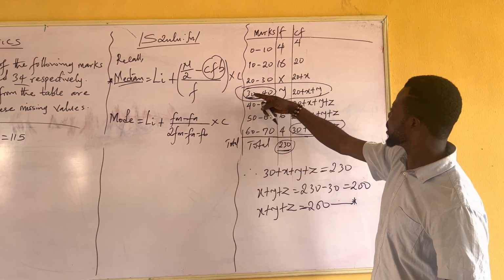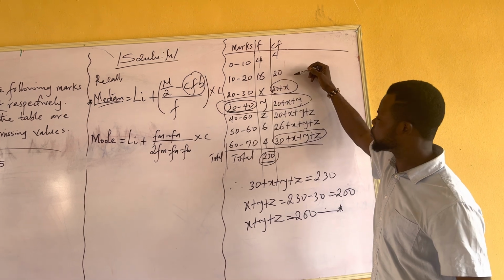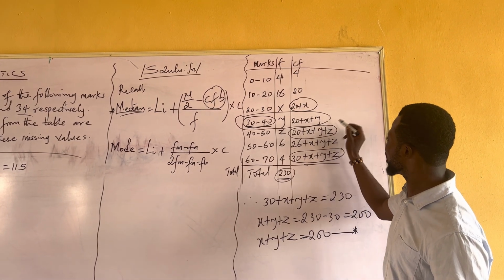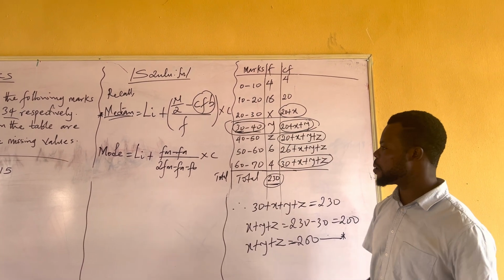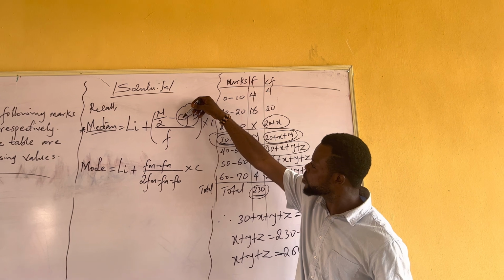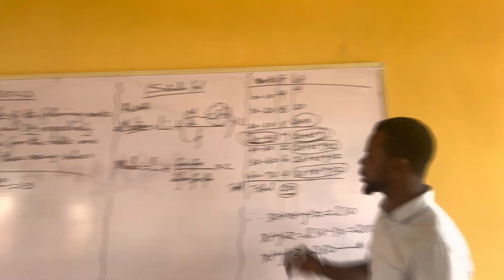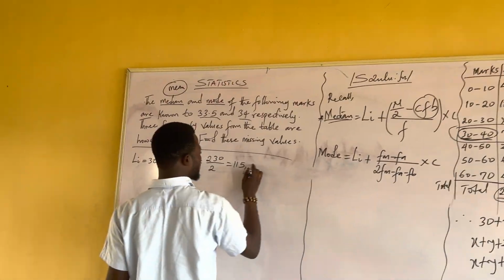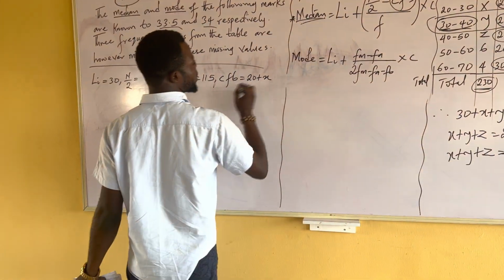This is the median class, and this is the cumulative frequency before it. This is the cumulative frequency after it. But we are interested in the cumulative frequency before, which is 20 plus x. So we can say our CFB is equal to 20 plus x.